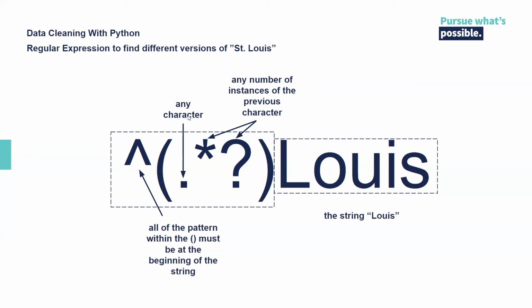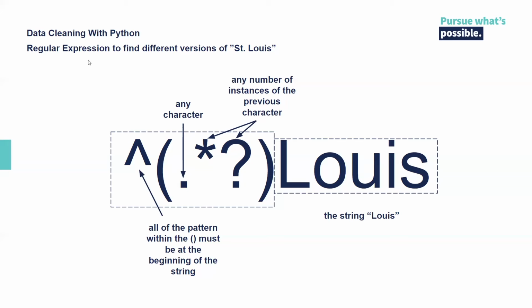We're trying to find any character, and then any number of instances of the previous character. So this basically means anything before Louis, we're going to assume that that is St. Louis, and we're going to use that replacement.